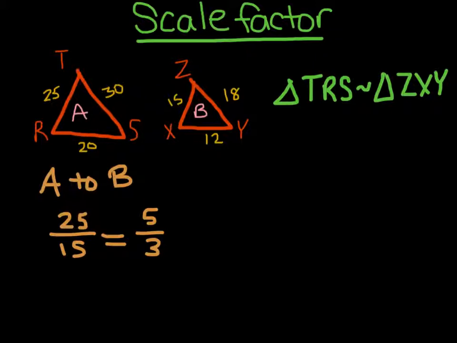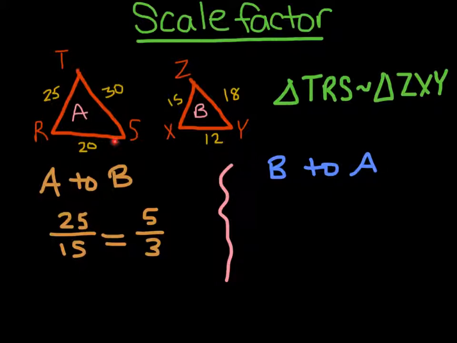All right, now if we're asked to do that instead of A to B, they ask to do that B to A, then we would just look at corresponding sides again. Again, I'm just going to pick different numbers here. You could use any of them as long as you know they're similar, which they told us. So, like RS and XY. Well, RS is here and XY. But again, notice B to A, so that means we want to do this one to this one.